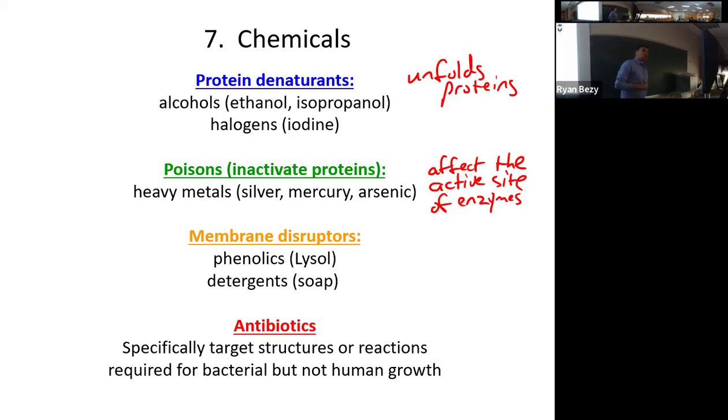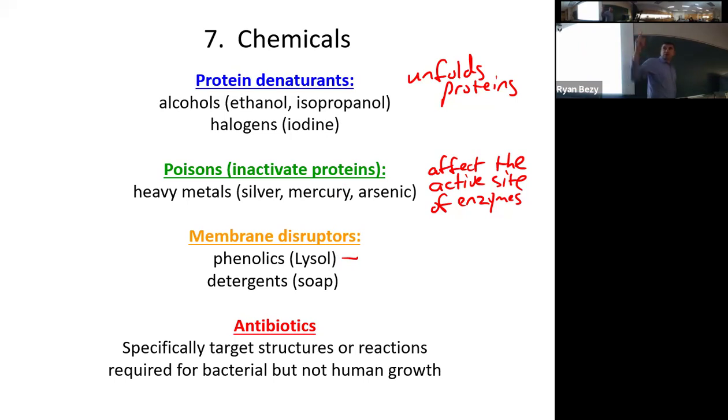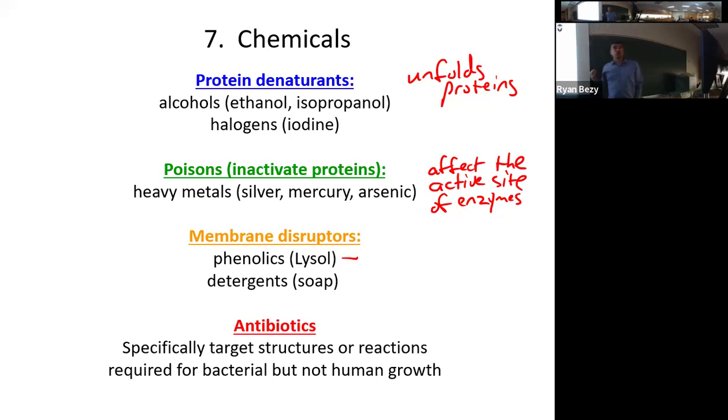We have some chemicals, like Lysol, which you've probably used before. Lysol spray disinfectant. A lot of soaps and detergent molecules are membrane disruptors. Lysol is a phenolic compound. It's a phenol group, a benzene ring with a hydroxyl group attached. That is an amphipathic molecule.